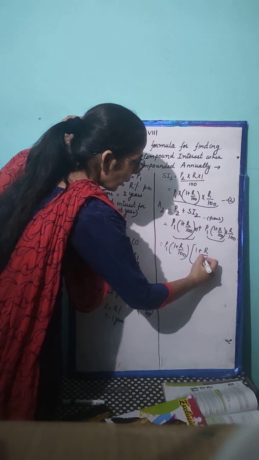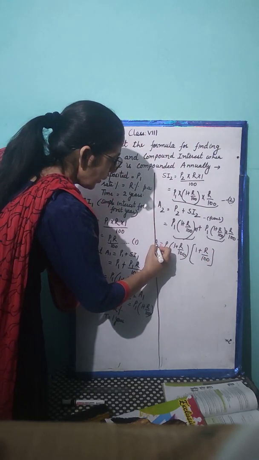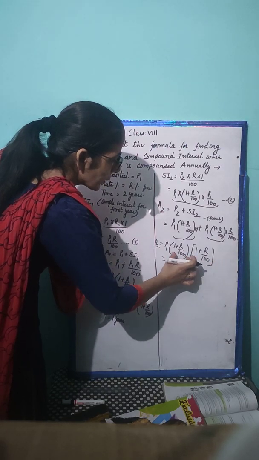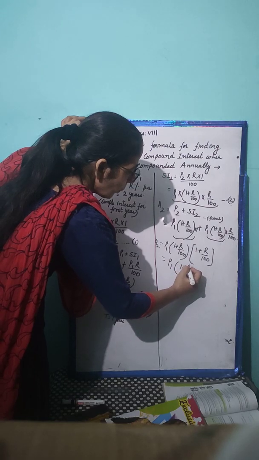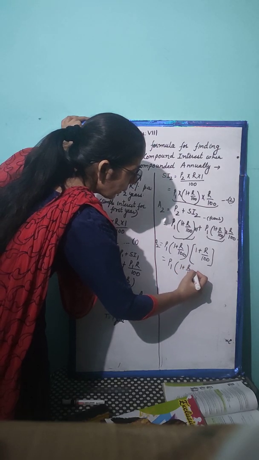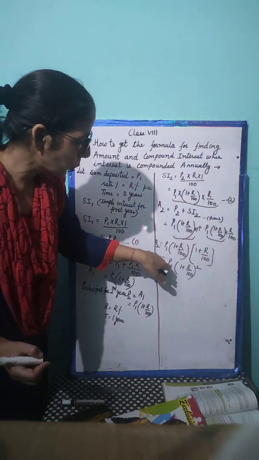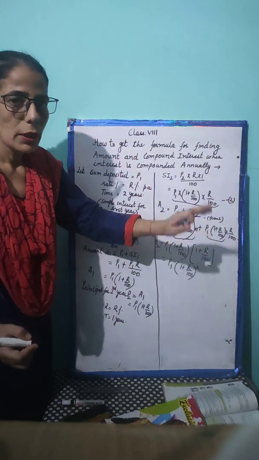It is A2, which is equal to P1 into 1 plus R by 100 raised to power 2, because these are similar things. So amount 2 is P1 into 1 plus R by 100 raised to power 2.